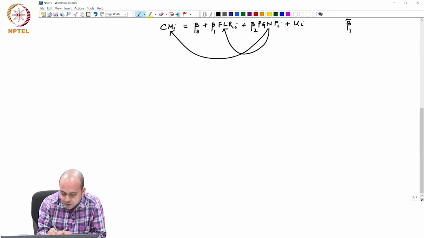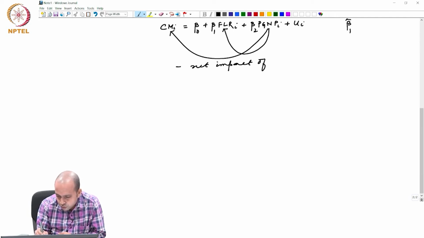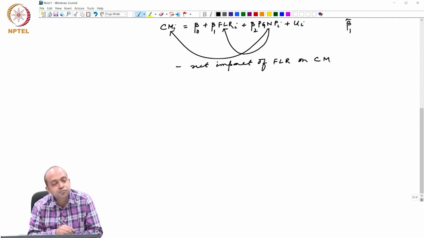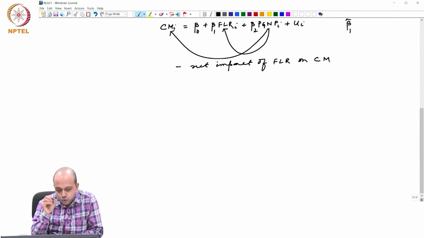What is our objective? Objective is to get the net impact of FLR on CM. And to achieve that objective, what should we do?